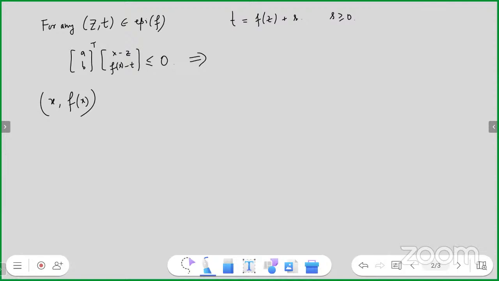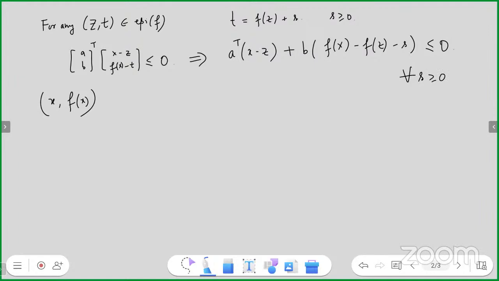It tells me a transpose (x minus z) plus b times (f(x) minus f(z)) minus s is less than or equal to 0. I'm just substituting t equal to f(z) plus s. Now this holds for all s greater than or equal to 0.